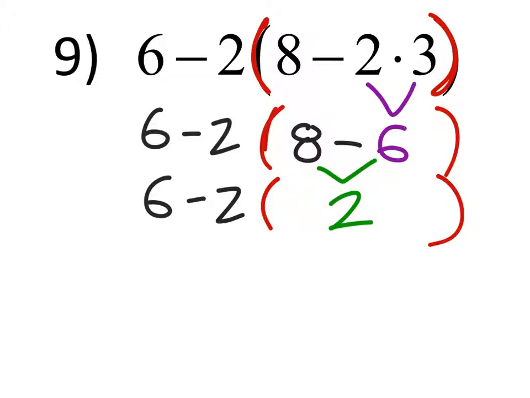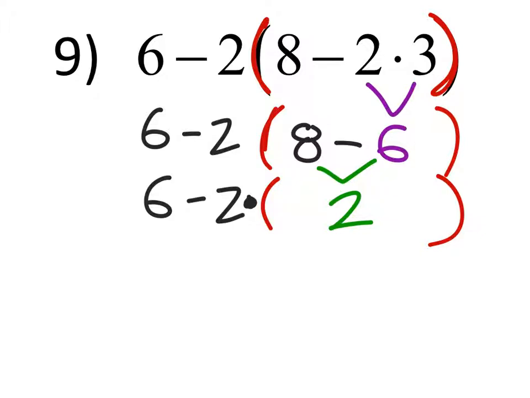So there is an operation between the 2 and the set of parentheses right here. It's multiplication. So if it helps you to see that, just draw it in there. Draw that multiplication in there if it helps you, okay? But it should help us to see that that's 2 groups of 2. It certainly is not the number 22, okay?